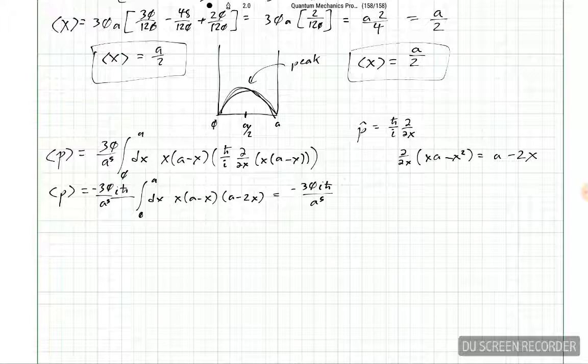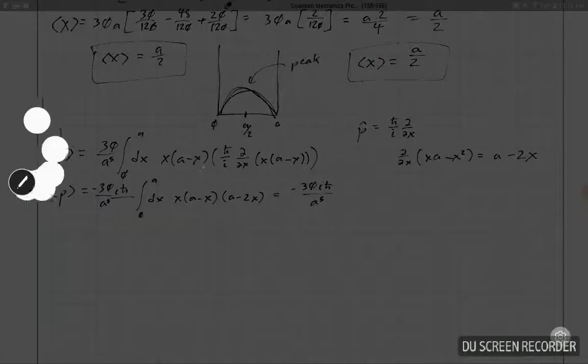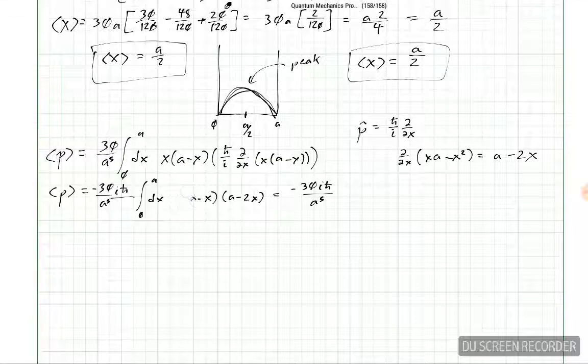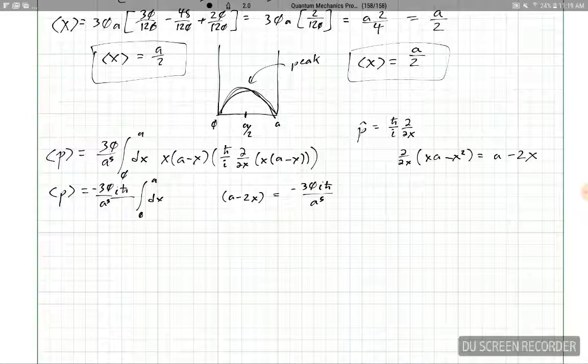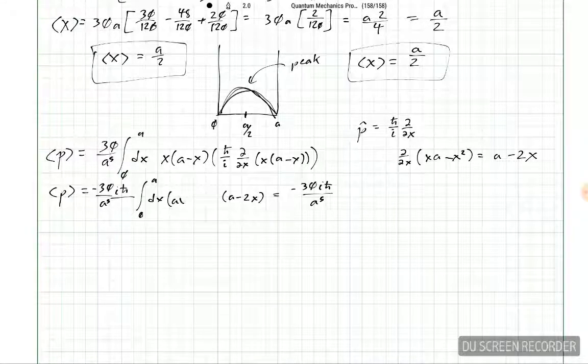Now we're going to go ahead and parse this guy out. Save some space. I'm just going to go ahead and rewrite this guy here as ax minus x squared.